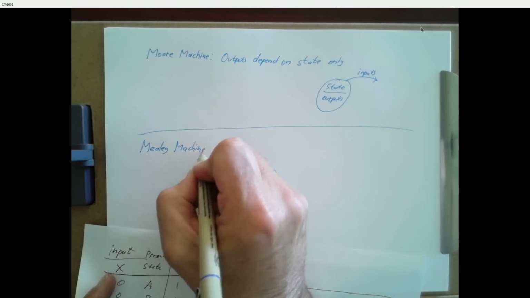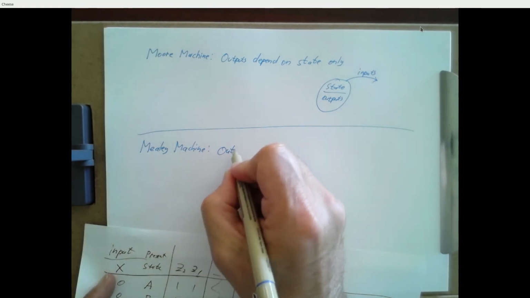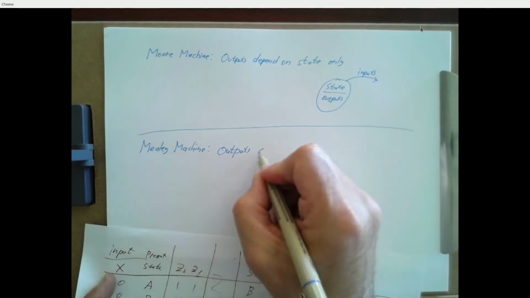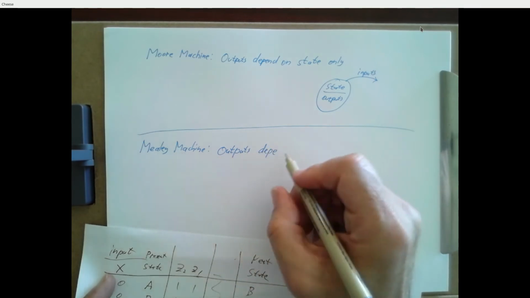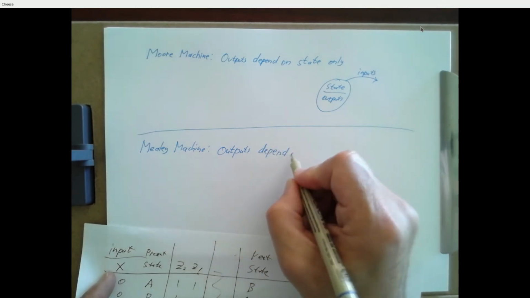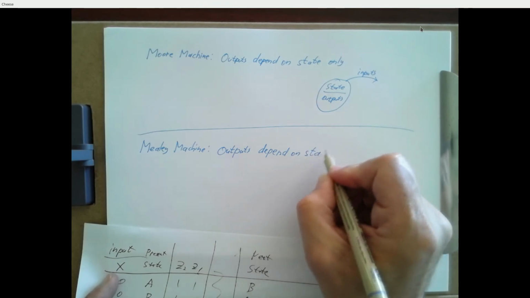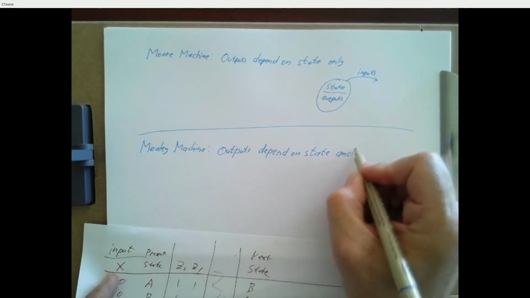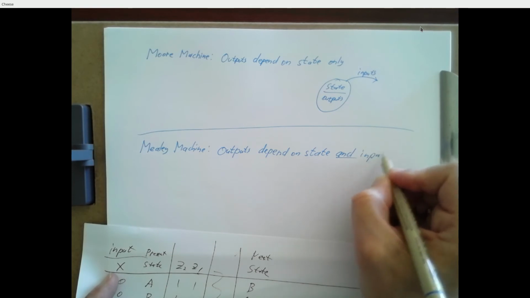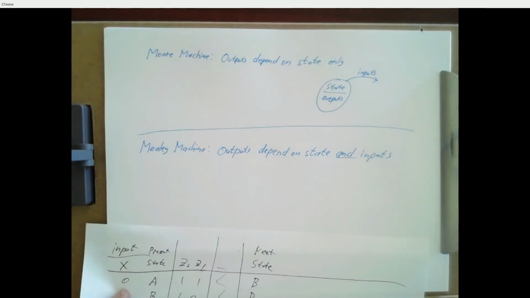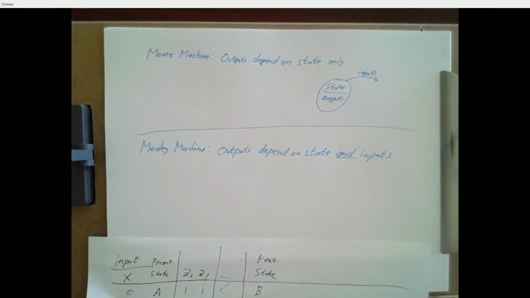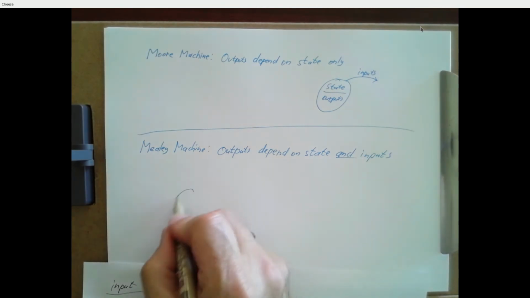But there's a whole separate class of machines called Mealy machines, which I may have spelled wrong. The outputs there depend on the state and the inputs. And so for a Mealy machine, we list our outputs differently.